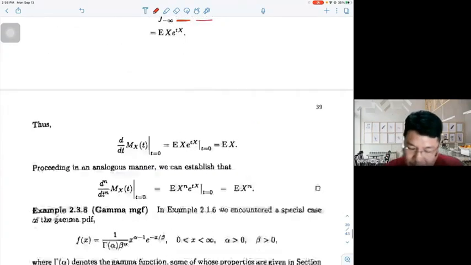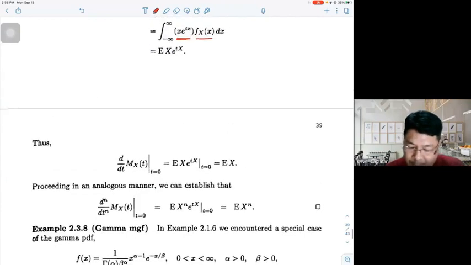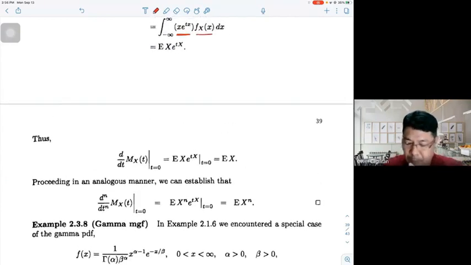Then if we're going to evaluate the derivative of the moment generating function with respect to t and then evaluate it at t is equal to 0, that would be equal to the mean of X. This is simply the first moment of X.